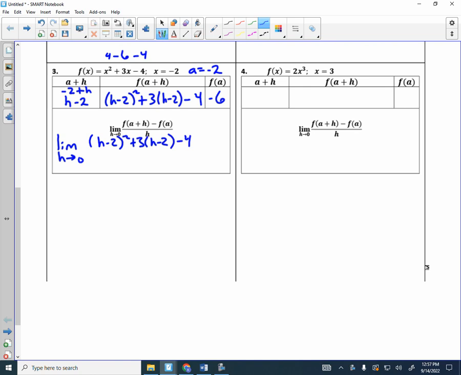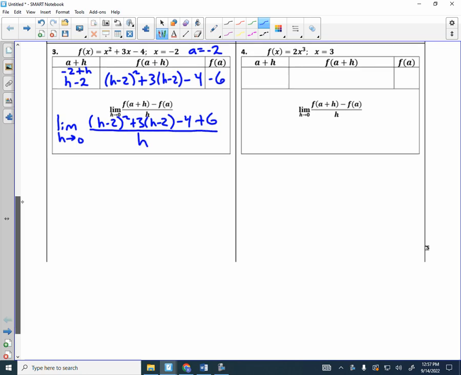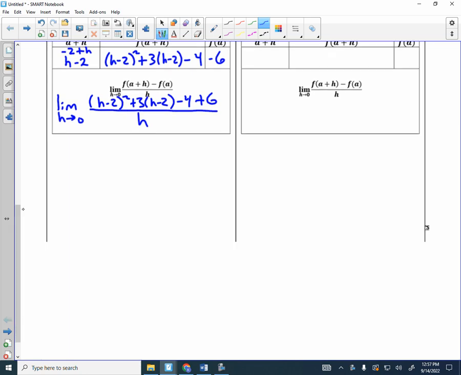Minus 4. What does it say after that? It says minus f of a, so plus 6, all divided by h. So that's what we want to simplify, and when we simplify it, we will get the derivative.